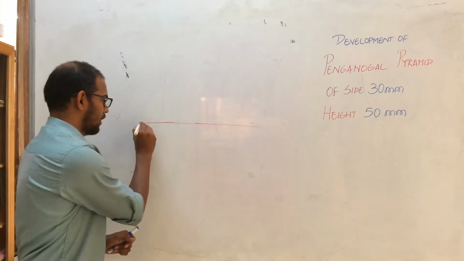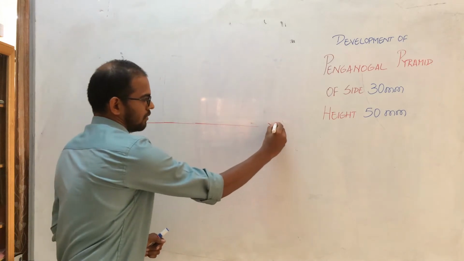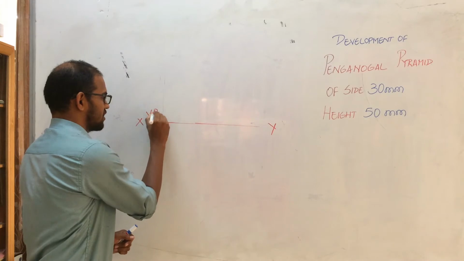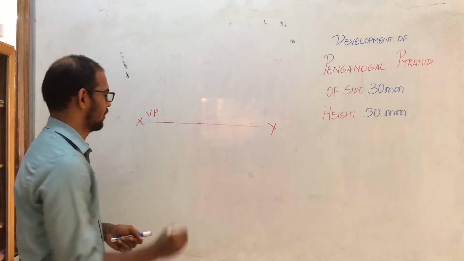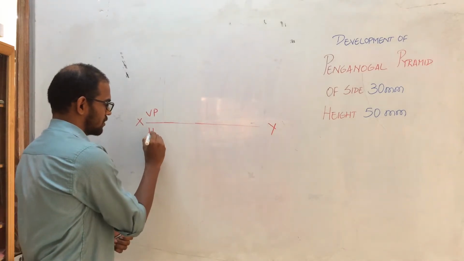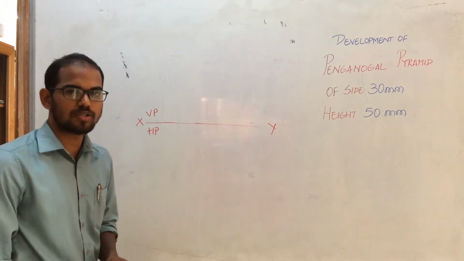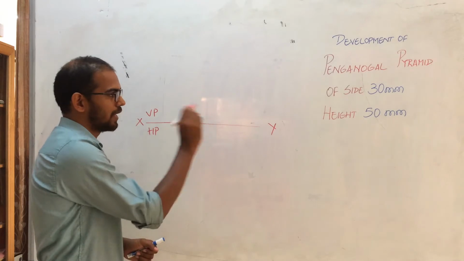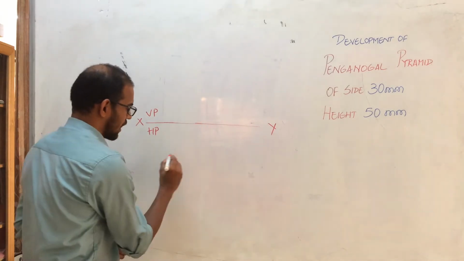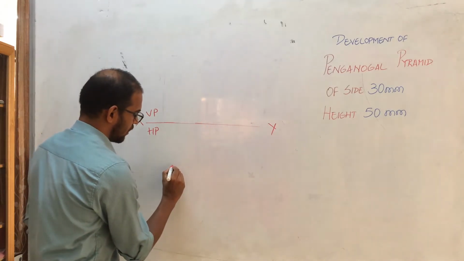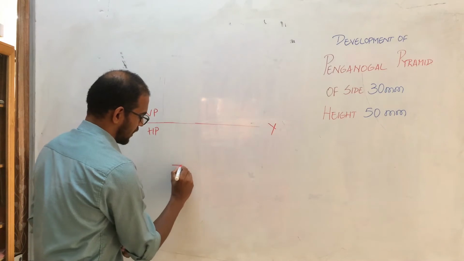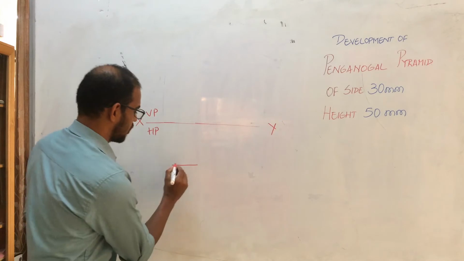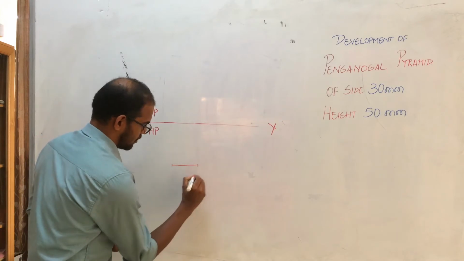So if this is the XY line, the front view is visible over the vertical plane and the top view is visible over the horizontal plane. In the horizontal plane, the pentagonal pyramid looks like a pentagon, which is drawn by this method. If the side of that pentagon is 30 mm, draw that 30 mm line first.